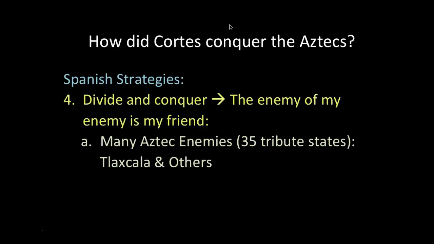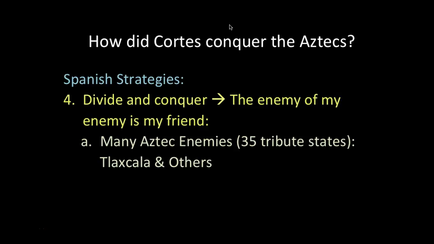Okay, so now the Spanish strategies, and these are very, very important. Divide and conquer. This continues with the idea of the enemy of my enemy is my friend. The Aztecs, again, have so many enemies. There are 35 tribute states. Not all of them are providing tribute because they love Moctezuma and want to be part of the Aztec Empire.